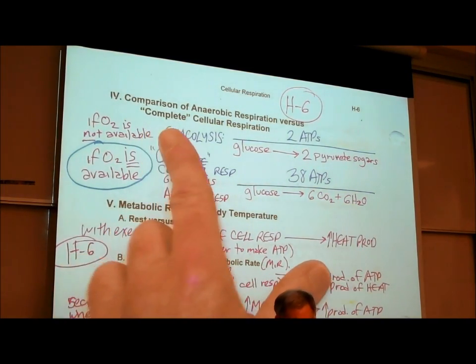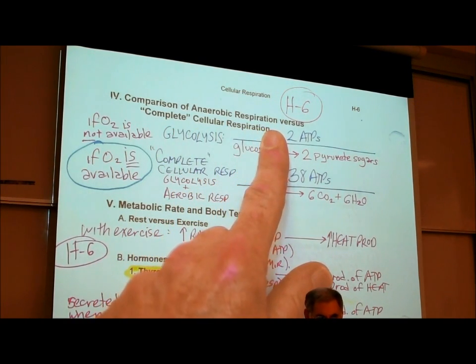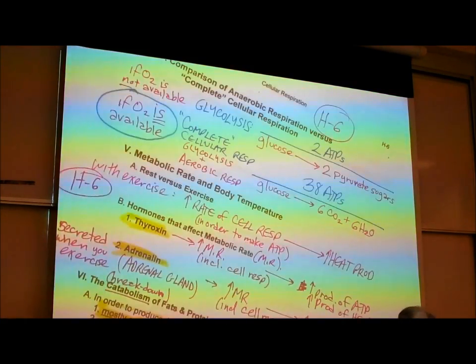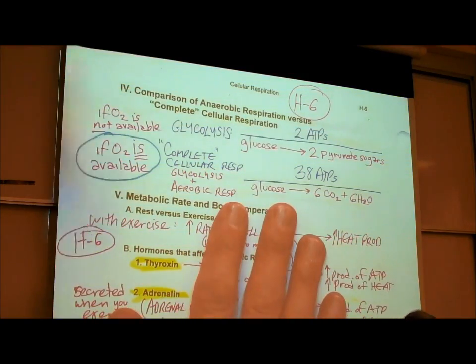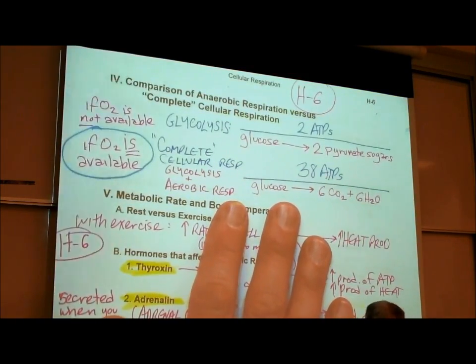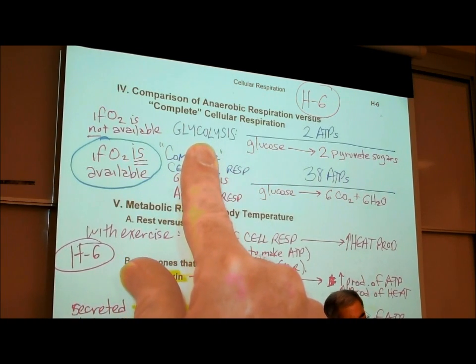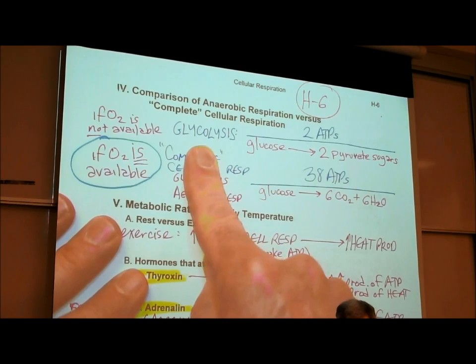So, I wrote on H6, comparison of anaerobic respiration versus complete cellular respiration. If oxygen is not available to a cell, to a living thing, then they can only do glycolysis. They can't do the aerobic respiration reactions in the mitochondria.